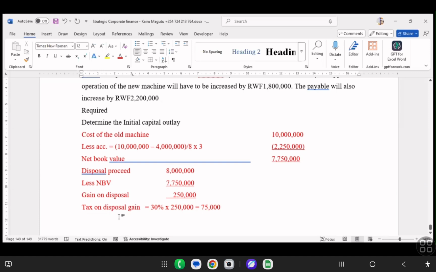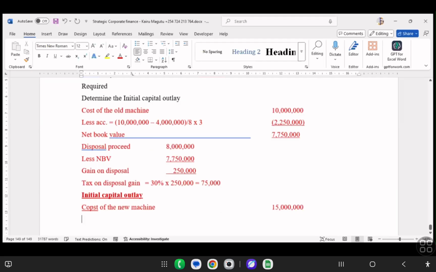We say that the cost of the new machine is going at 15 million.